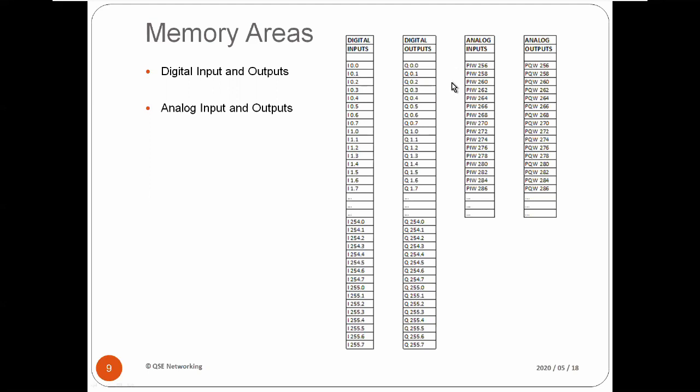As the newer PLCs have got bigger and bigger, we can actually allocate them anywhere we want. But it's still advisable to keep a separation between digitals and analog. So you'll see in all the programs we use, we still stick at 256. It's just a norm. We don't want to make it difficult to know where everything is.